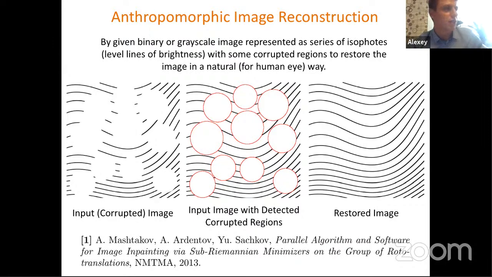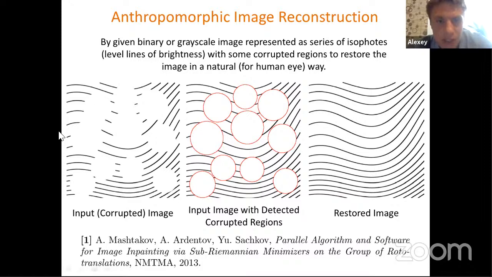Or another modification, we can add an external cost in front of the Sub-Riemannian length functional, and then it will be a kind of compromise between the observed image and the internal geometry of the brain.